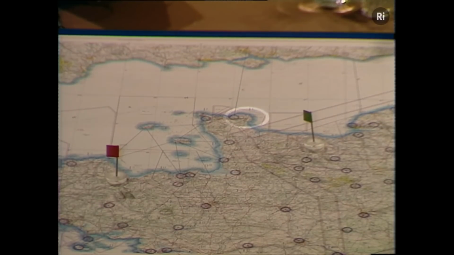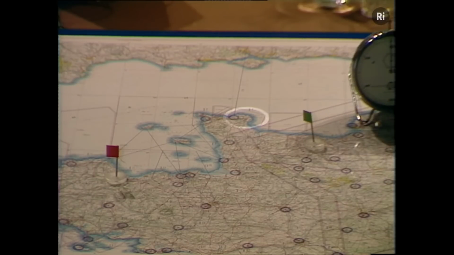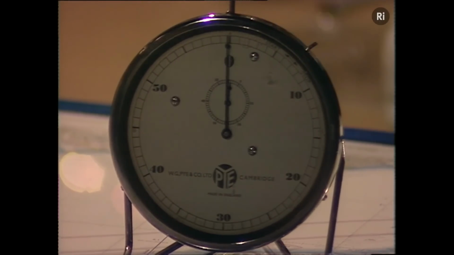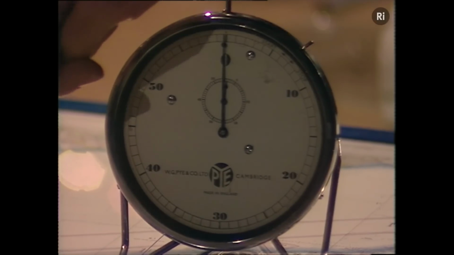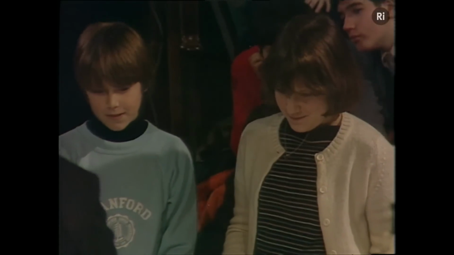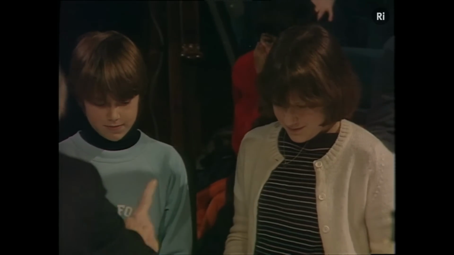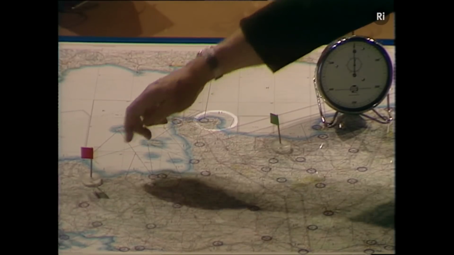Okay, it's about to start. Now, here's the clock. When this circle of light crosses that circle, it's about there, you say to me, now, and you say to me, stop, when the circle crosses there.